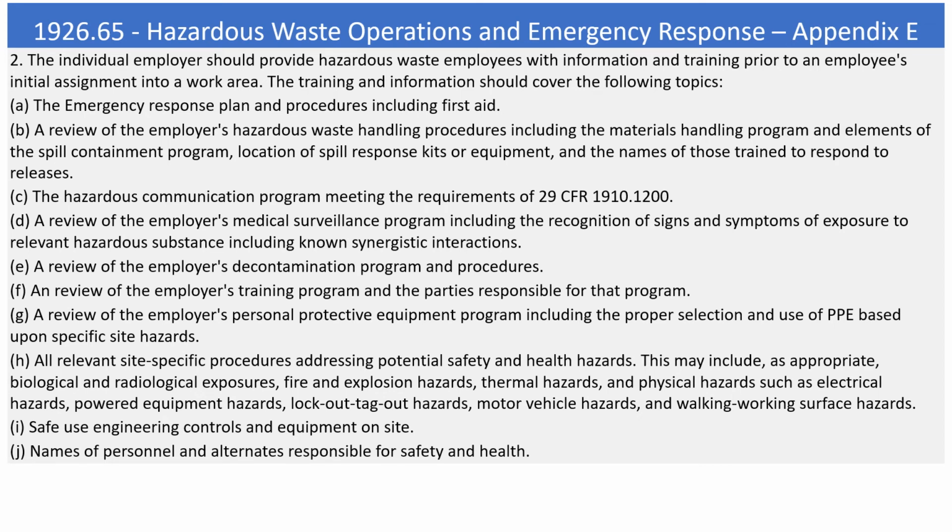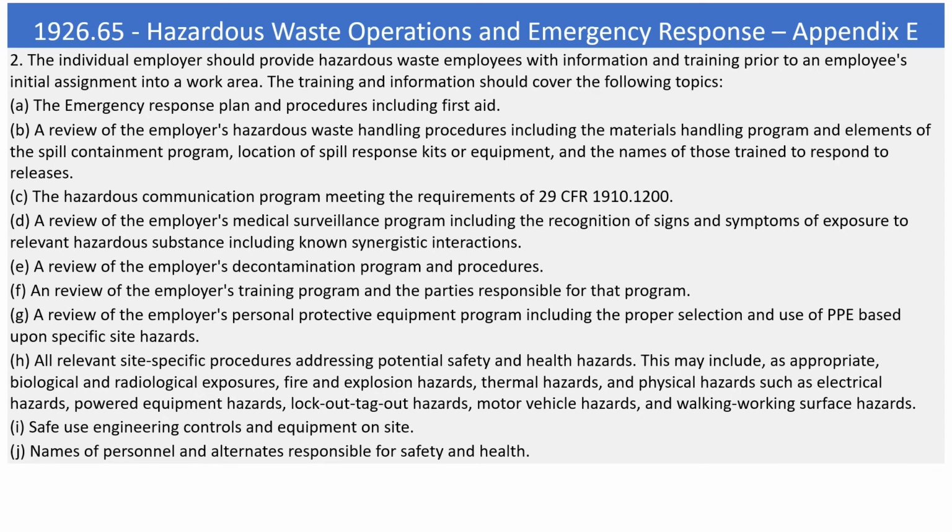E. A review of the employer's decontamination program and procedures. F. A review of the employer's training program and the parties responsible for that program. G. A review of the employer's personal protective equipment program, including the proper selection and use of PPE based upon specific site hazards. H. All relevant site-specific procedures addressing potential safety and health hazards.